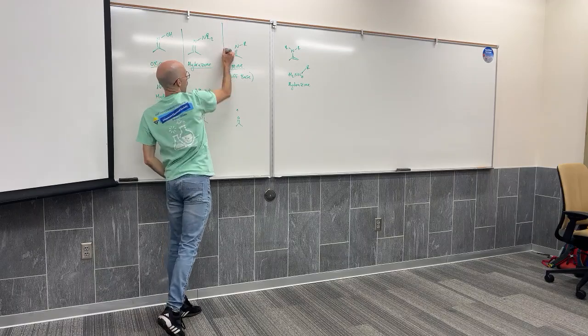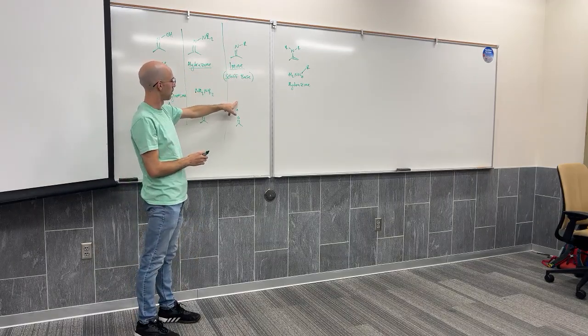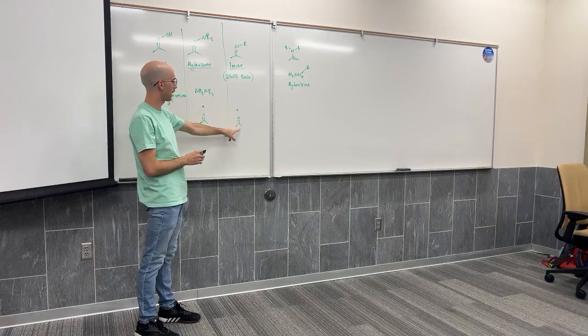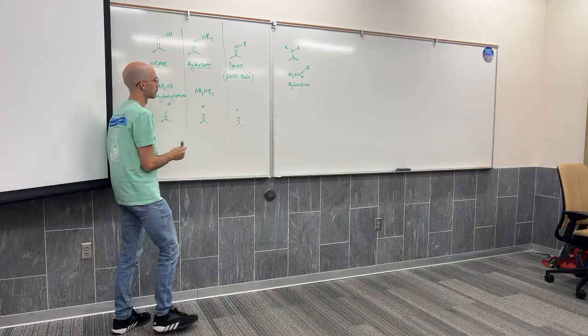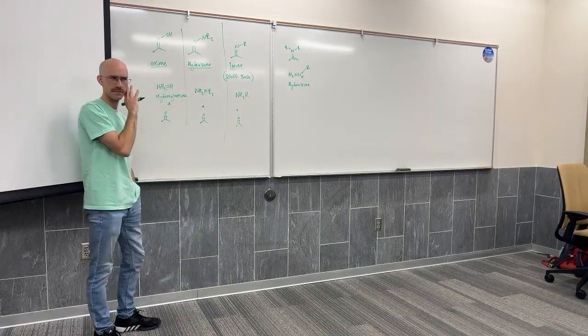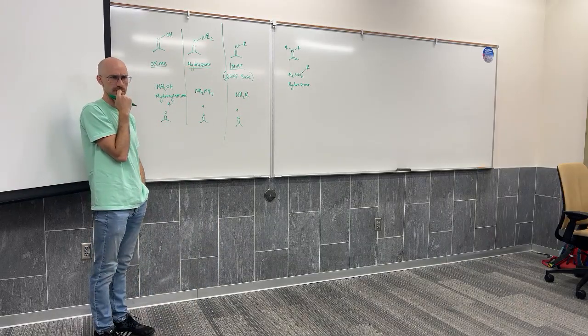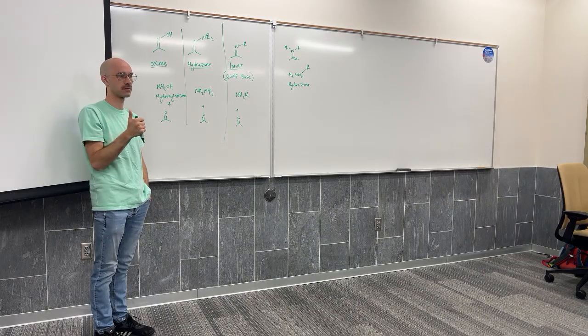So let's play that one more time. What would an imine form from when reacting with the carbonyl? NH2R. Exactly. What's another way to say that? It's an amine, correct? With what degree of substitution?